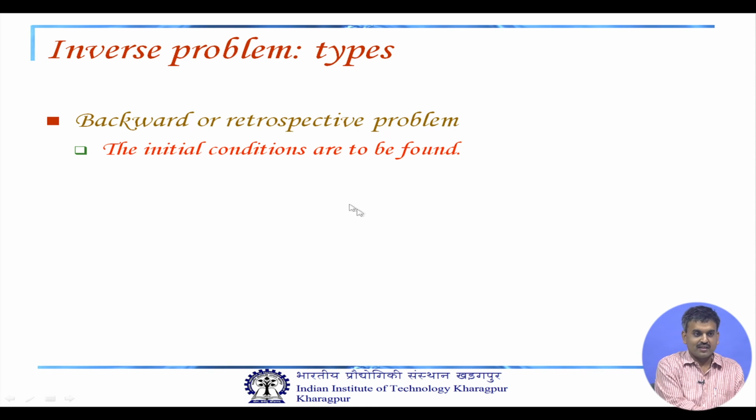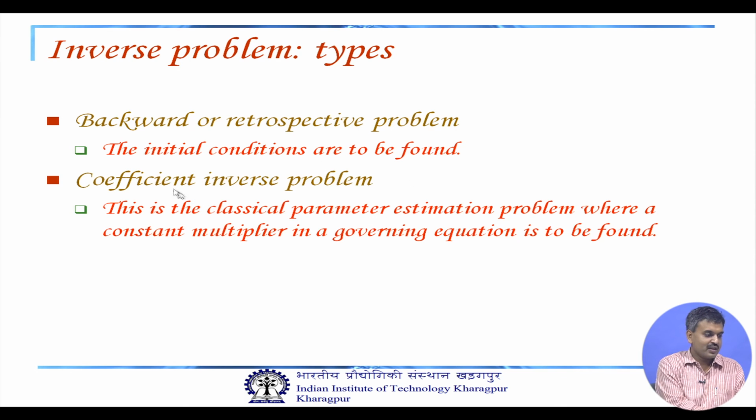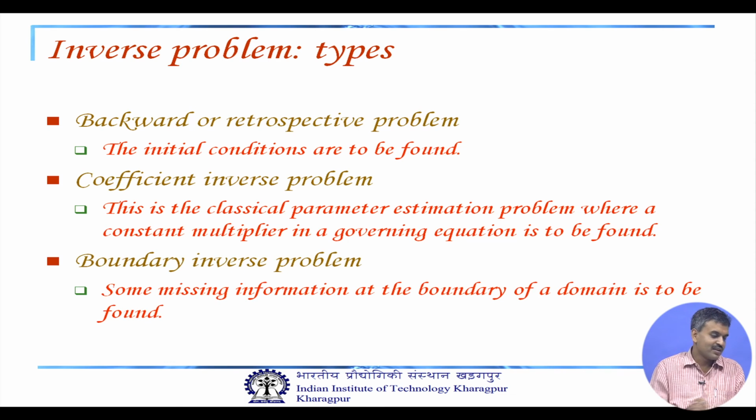Then the coefficient inverse problem, the classical parameter estimation problem, where you know the response of the system and try to find the value of the parameter or parameters for a particular system. And the last one is the boundary inverse problem, where you have no or only partial information about the boundary conditions.